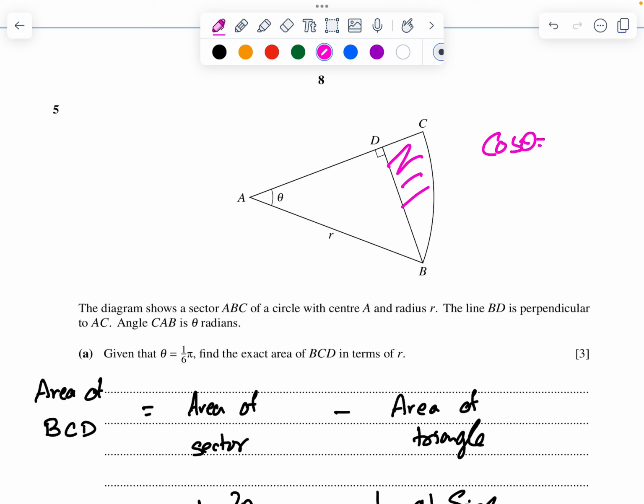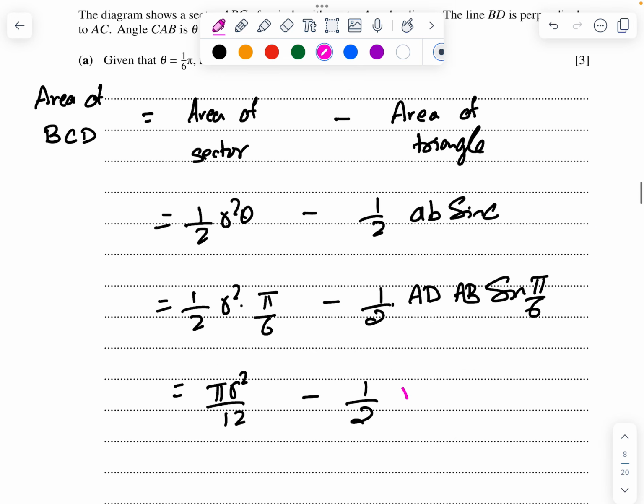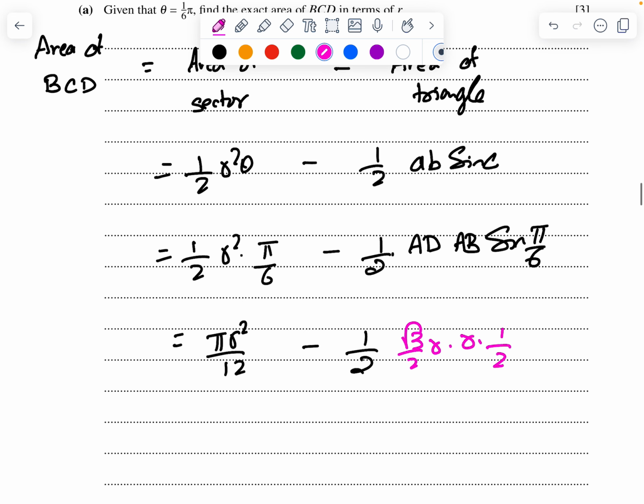Cos θ is adjacent side upon hypotenuse. So cos π/6 equals AD upon R. So AD equals R times cos π/6, which is √3/2, so √3/2 R. AB itself is R. Sin π/6 is 1/2. So the final answer is πr²/12 minus √3/8 r².